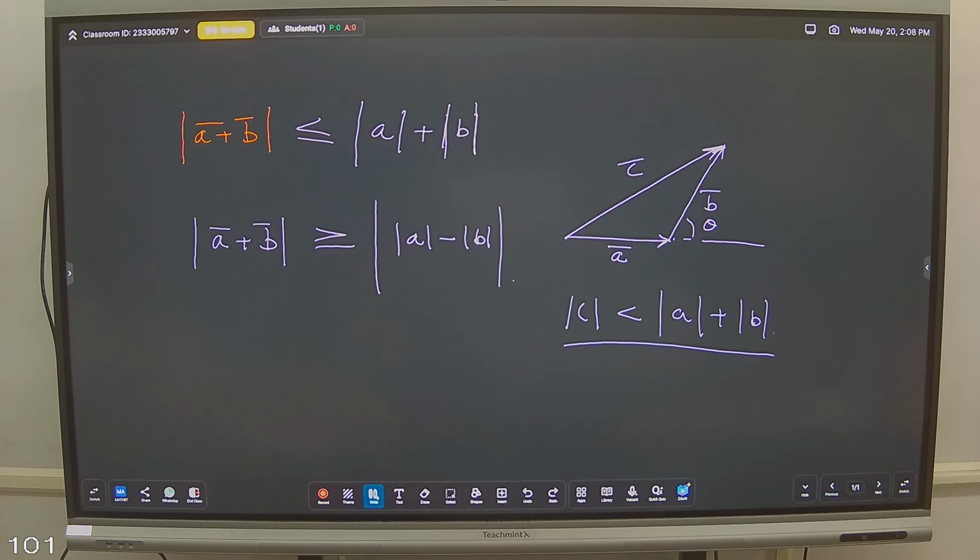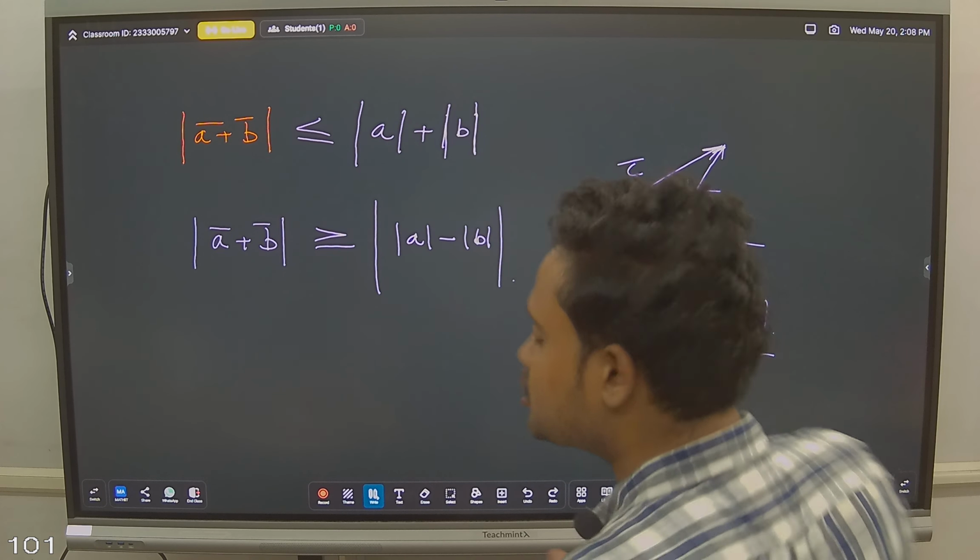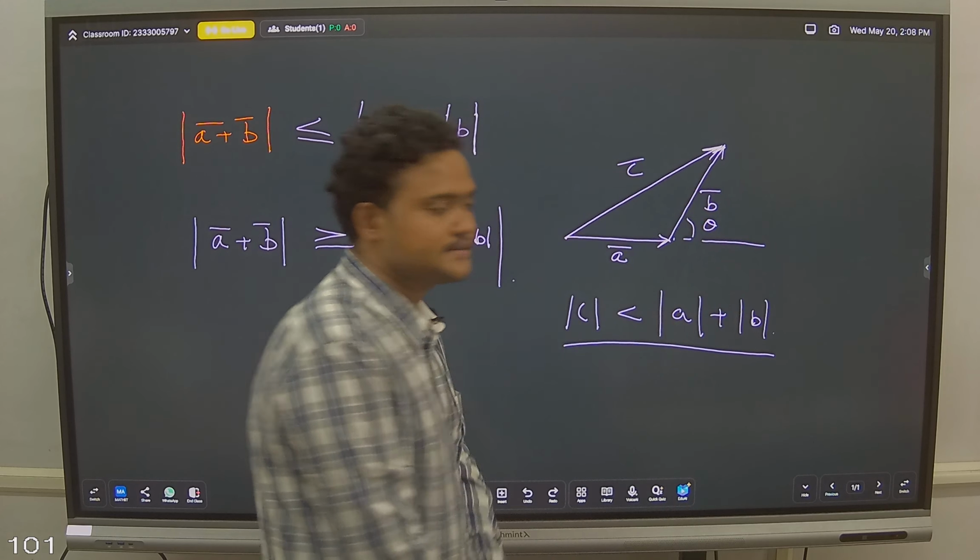So what is displacement? You have learned in lower classes what displacement is. It is the shortest distance between any 2 points, right? Any other path other than the shortest distance, you would have to go through a longer distance, right? So C vector is the shortest distance.